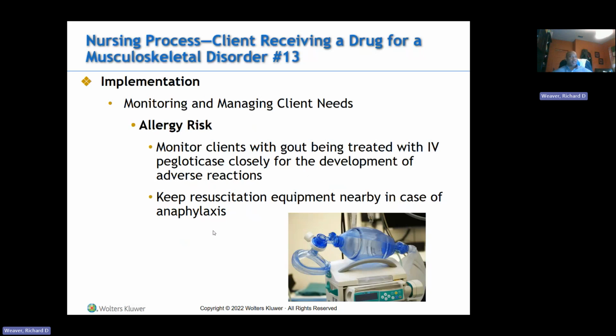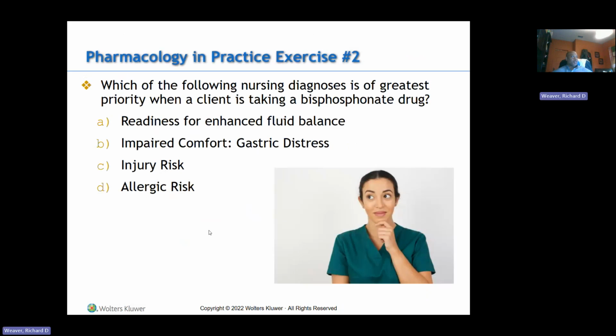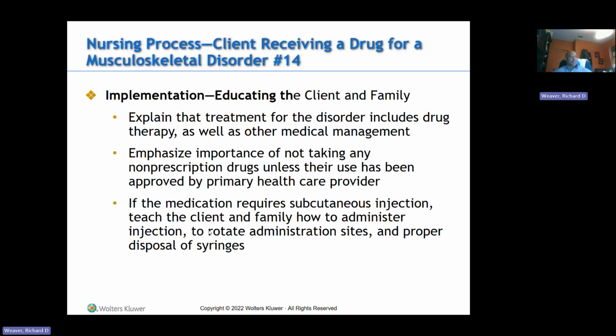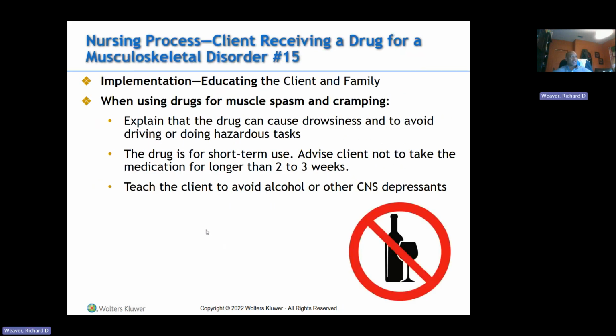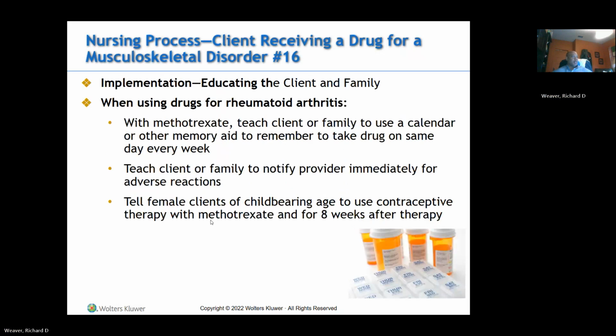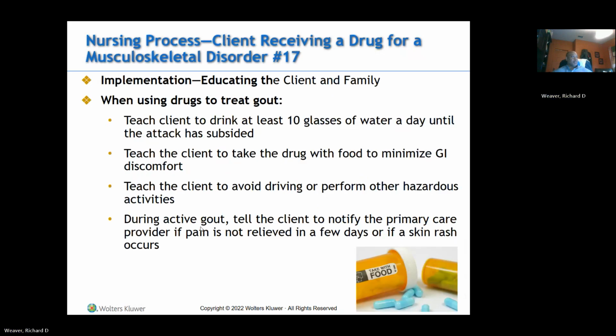And so, just read the rest of this information. This is pretty much at the end. Explain that the drug can cause drowsiness, so avoid driving or doing hazardous tasks. We talked about all that stuff. So just read the rest of this information and just relate it back to what we talked about already.